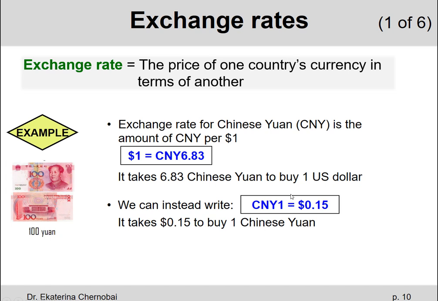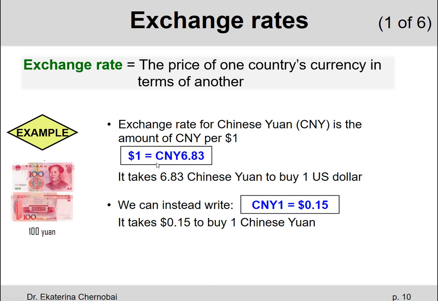Well, we had an example similar to this a few slides earlier, the one where I explained the cross rate. So if you look at this first expression with which we started, right? $1 equals 6.83 of a Chinese yuan.